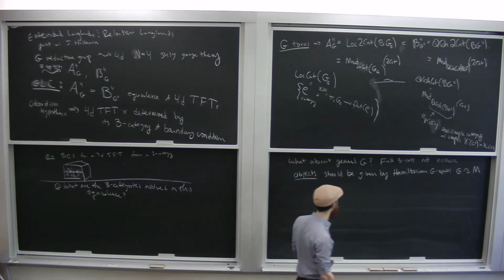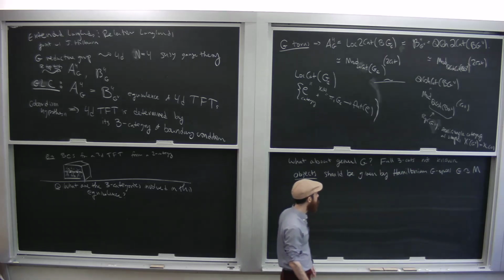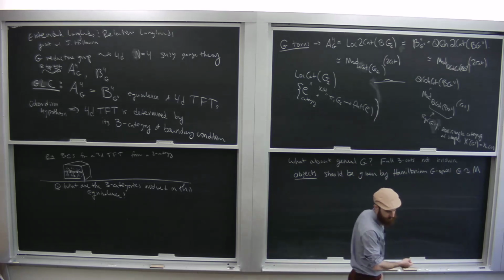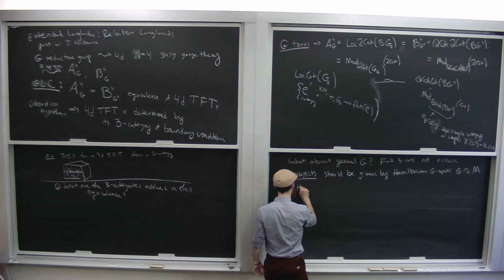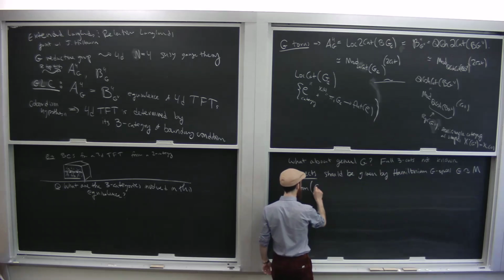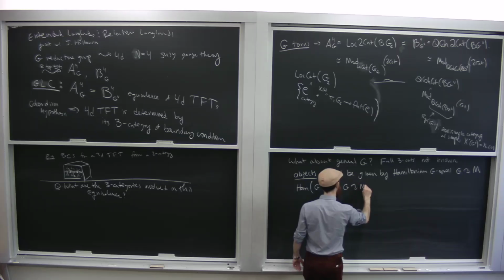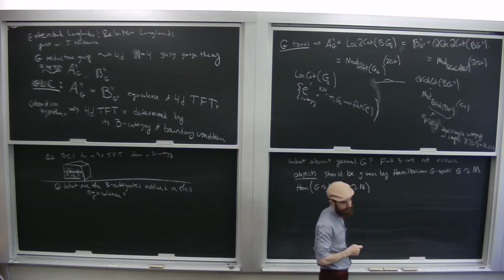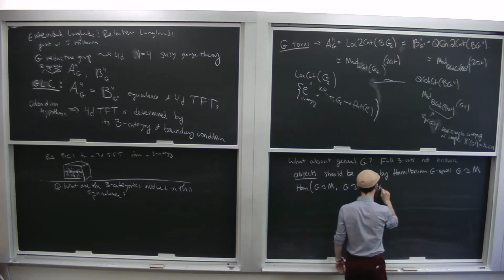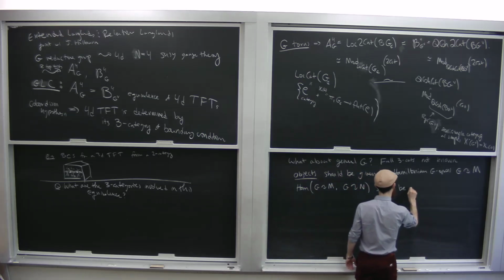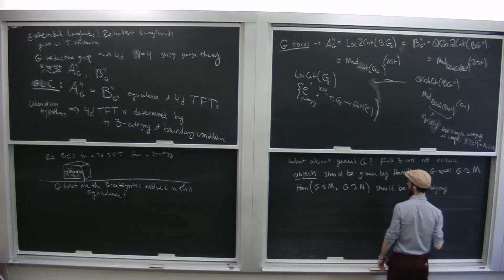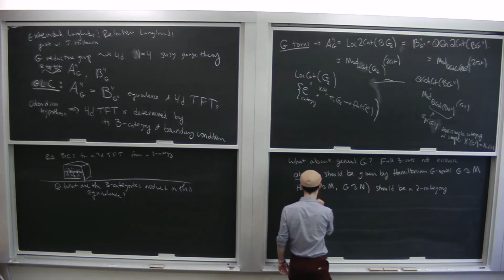And then I can ask, if I have two of these spaces, one Hamiltonian G space G acting on M and another one, say G acting on N, the HOM between these should be some 2-category associated to them.